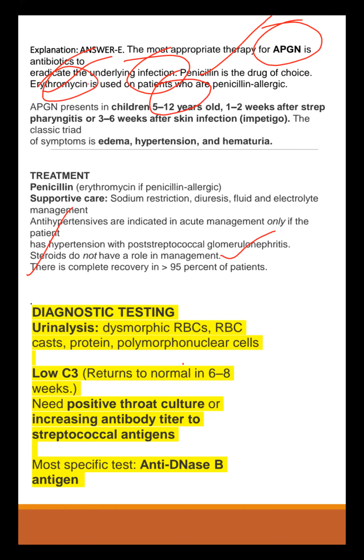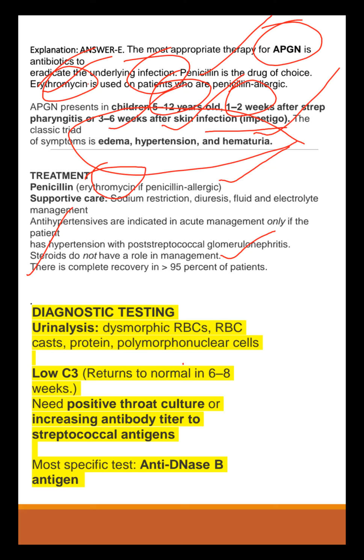So I give penicillin first, erythromycin if penicillin allergic, plus supportive treatment. Supportive treatment means sodium restriction, diuretics, fluid and electrolyte management, antihypertensives. It's glomerulonephritis. Clear or not? Yes, ma'am.